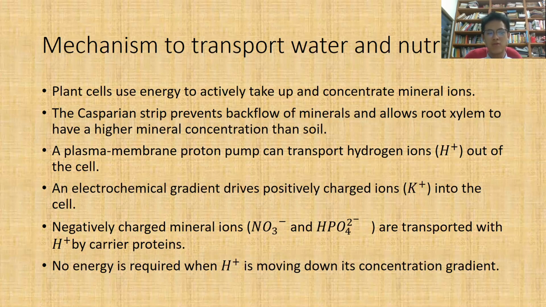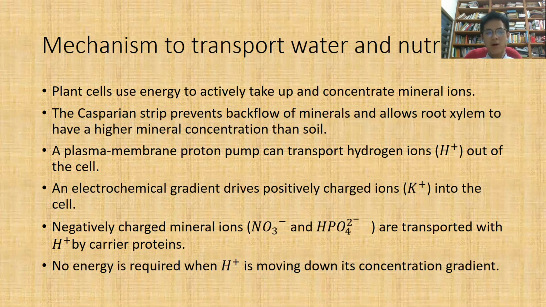Then the Casparian strip prevents the backflow of minerals and allows the root xylem, or what we call the cylinder, to have a higher mineral concentration than the soil. This is because the Casparian strip is waterproof, as I mentioned just now. Therefore, water that flows into the xylem of the stem is prevented from flowing back into the root because of the osmotic pressure.